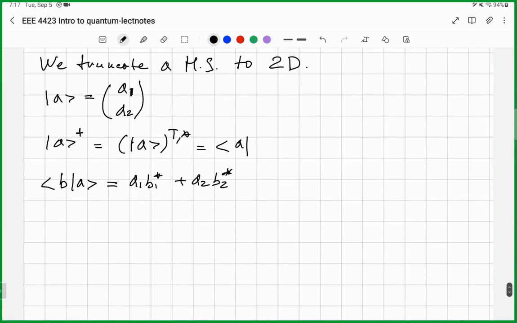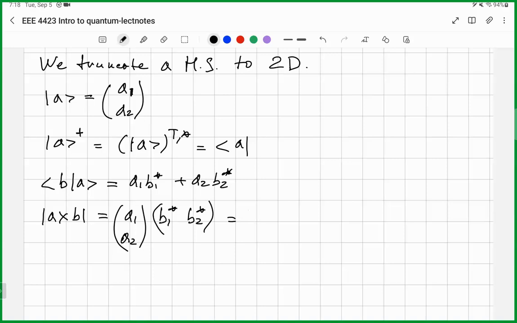This is the inner product, and now the outer product of the vectors A and B. What is it? It is A1, A2 times B1 conjugated, B2 conjugated, right?